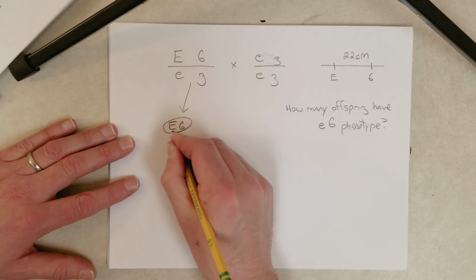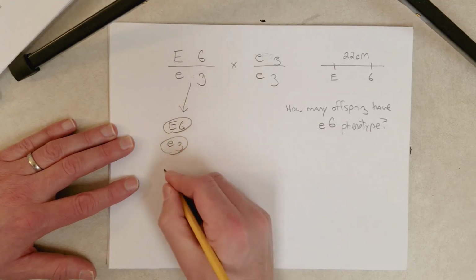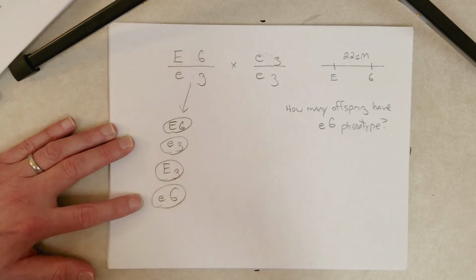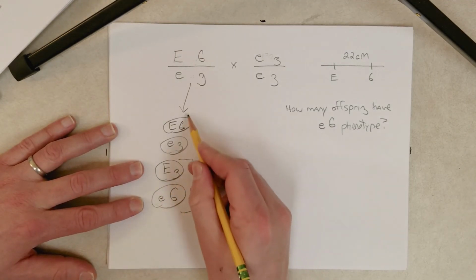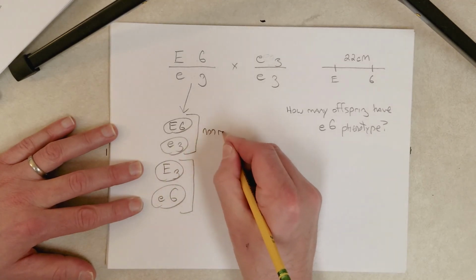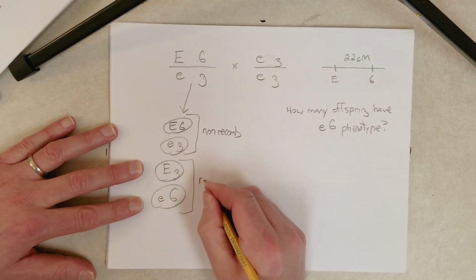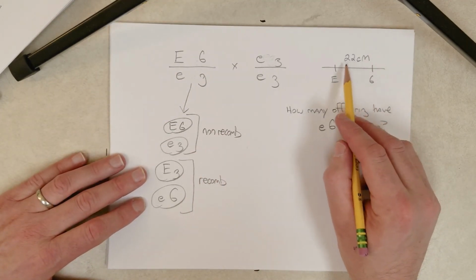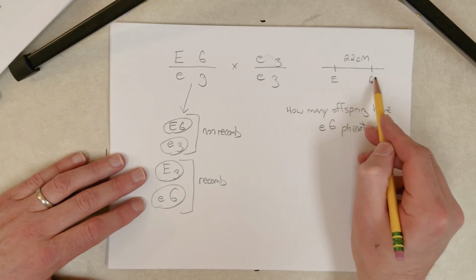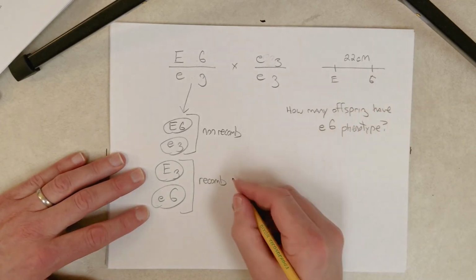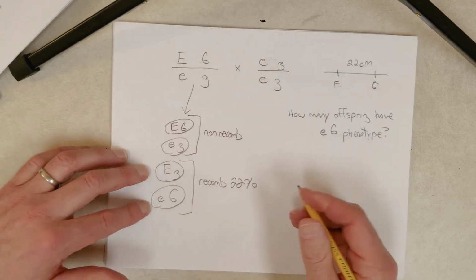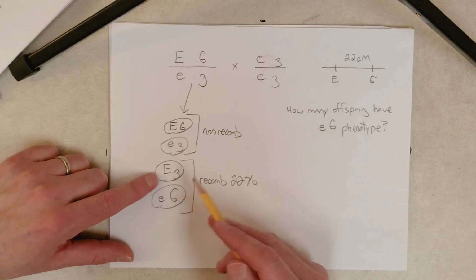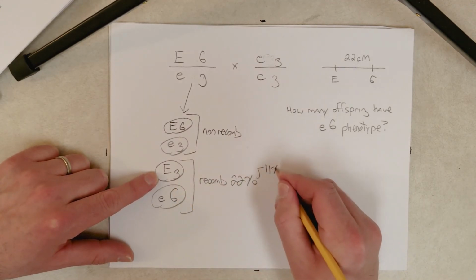So non-recombinants are up here, and recombinants are down here. Now we're given the map distance between E and G, 22 centimorgans. So we know the recombinants should make up 22% of the gametes. Each of these should represent 11%.